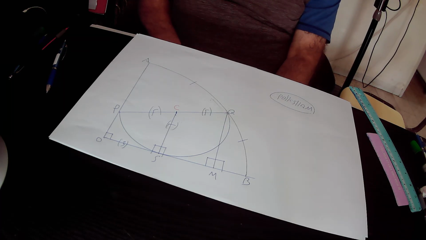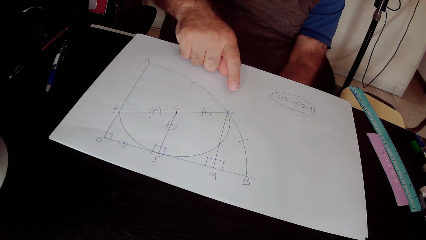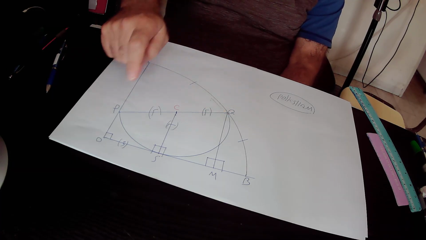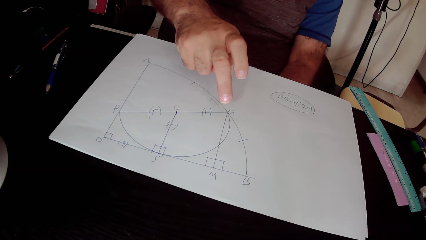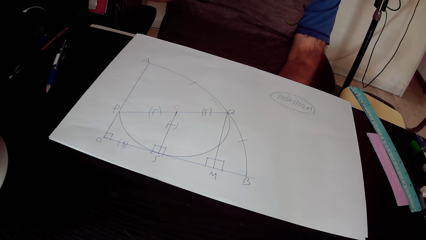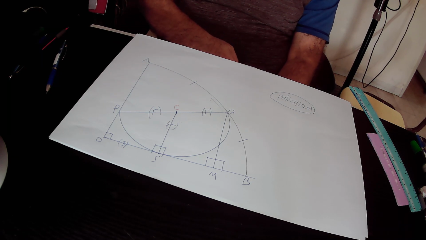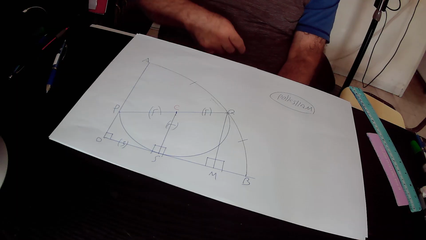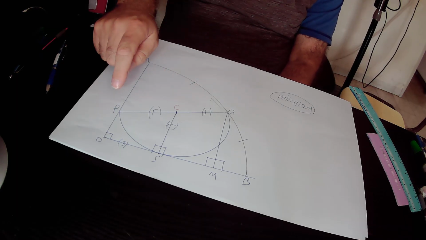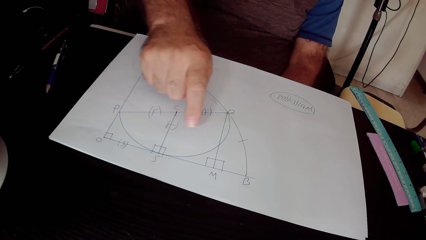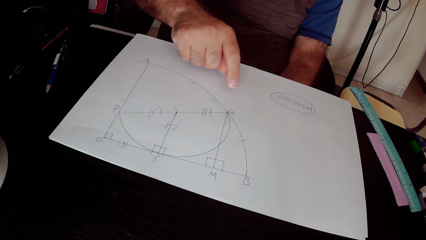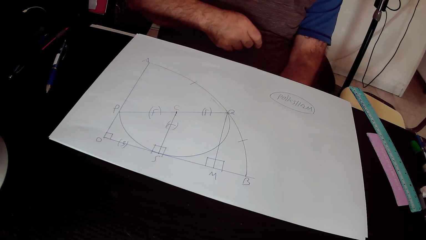That is to say, a special relationship exists between QP and MO. The relationship is as follows. PC over CQ equals OS over SM. Again, PC over CQ equals OS over SM.